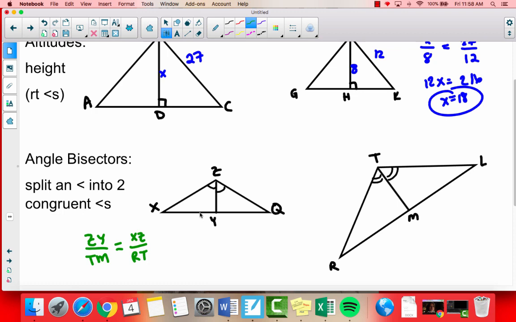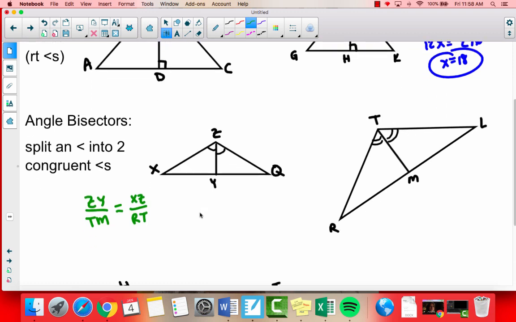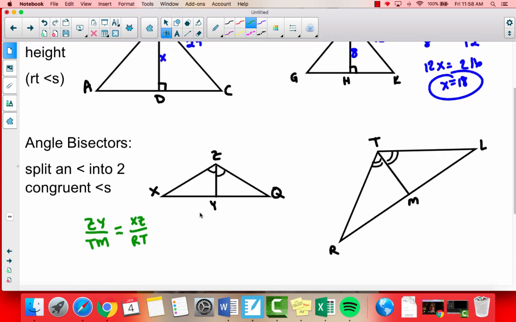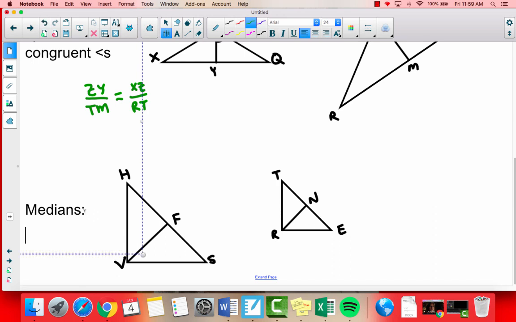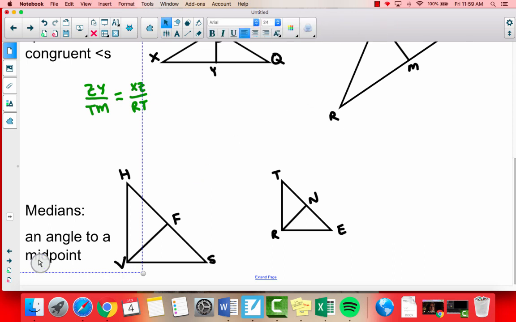All right, so there's not much variation in these. You just have to know that it works for altitudes and angle bisectors. And then the last one is the median. Now, medians are a little different. We really haven't talked about those much. A median is a segment that is created from an angle to a midpoint. All right, and remember, midpoints split segments in half. So when I'm dealing with a median, instead of angles being split in half, my side is going to get split in half.